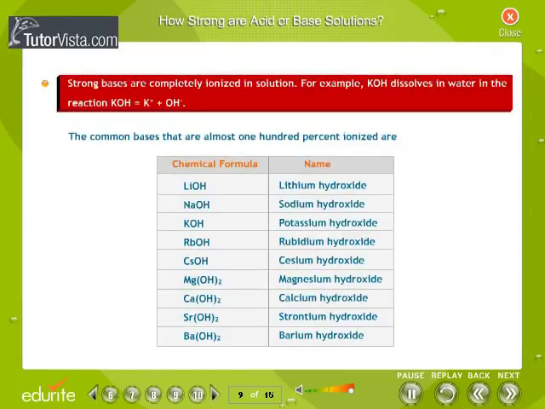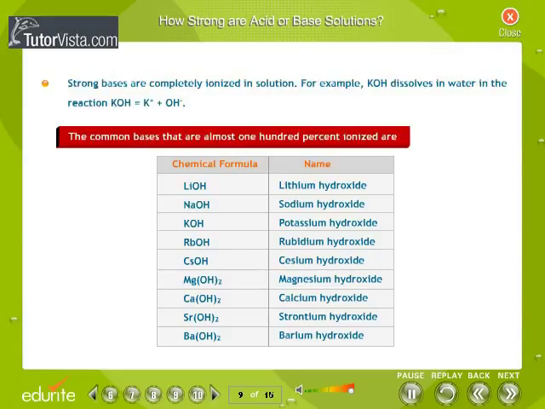Strong bases are completely ionized in solution. For example, KOH dissolves in water in the reaction KOH = K+ plus OH-. The common bases that are almost 100% ionized are listed here.